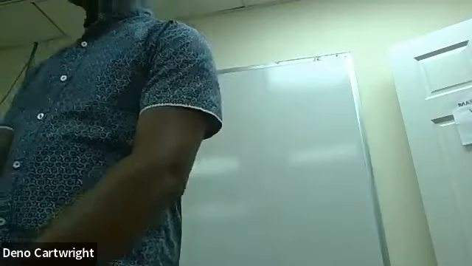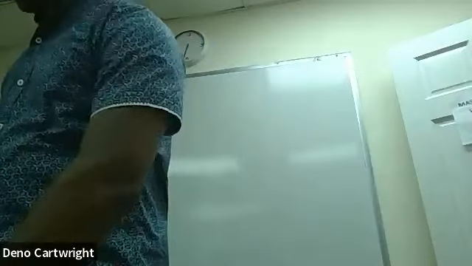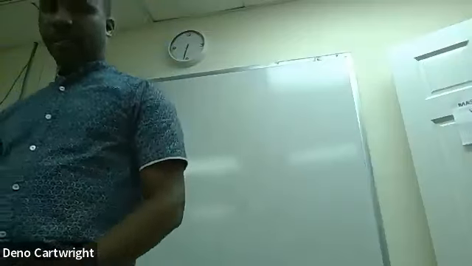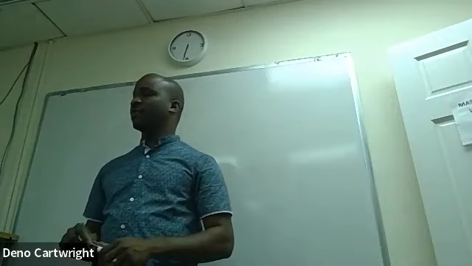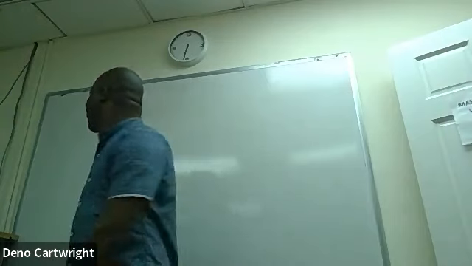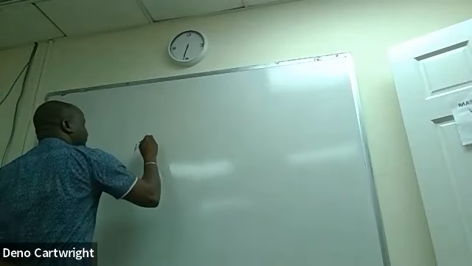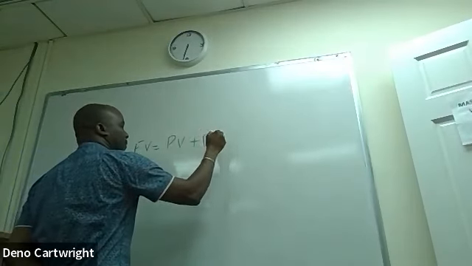So let's talk about future value and compounding interest. When we talk about the single period scenario, what is the equation for future value? Present value plus present value times the interest rate.